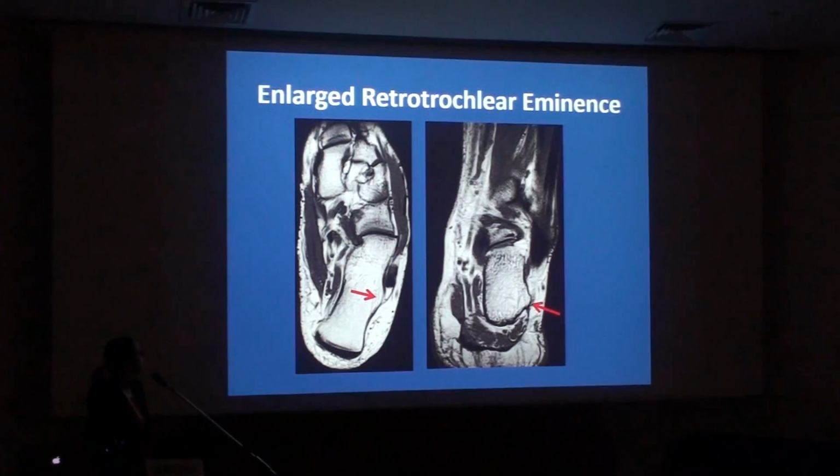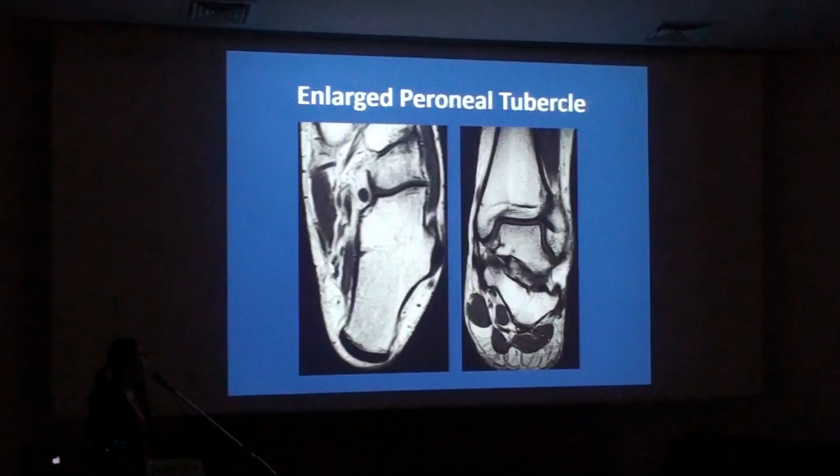In this patient, you can see it on both the axial and coronal MR images. Here is a patient with an enlarged peroneal tubercle, and you can see here that this height is definitely more than 5 millimeters, and this is frequently associated, as Dr. Rosenberg has mentioned, with peroneal tendon abnormalities, particularly of the Peroneus longus.